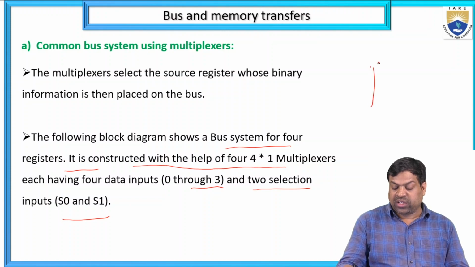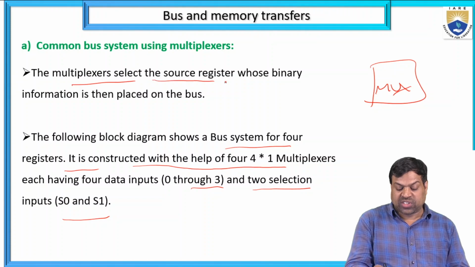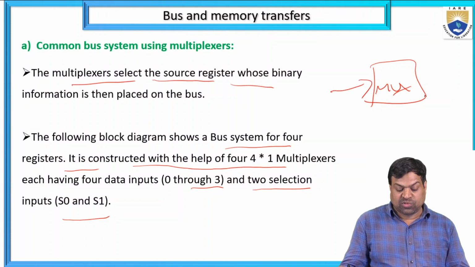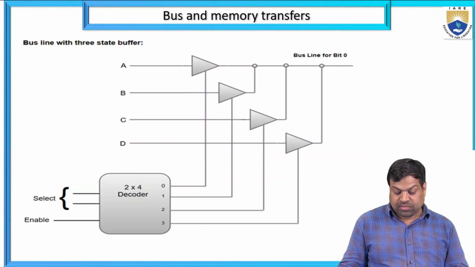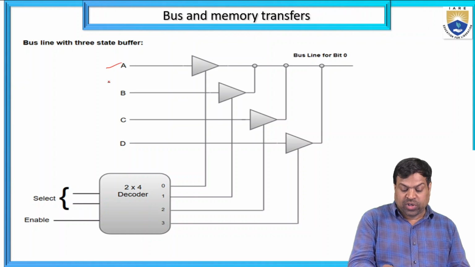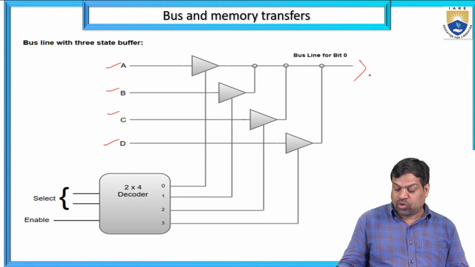Okay, so I am taking the multiplexer, that is MUX. In this multiplexer, select the source register whose binary information is placed on the bus. Okay, source to destination, how many input lines and how many output lines are there in the multiplexer? Here 4 inputs are there, only 1 output.